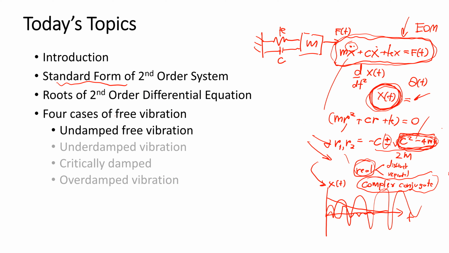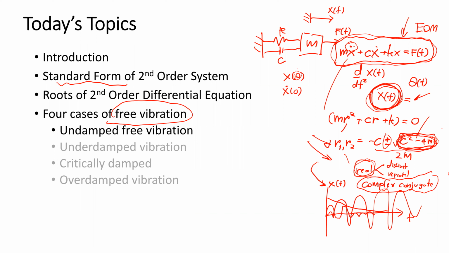Free vibration. The meaning of free vibration is that the vibration will be under the effect of the initial displacement and initial velocity. We may move the mass to deviate from the equilibrium.